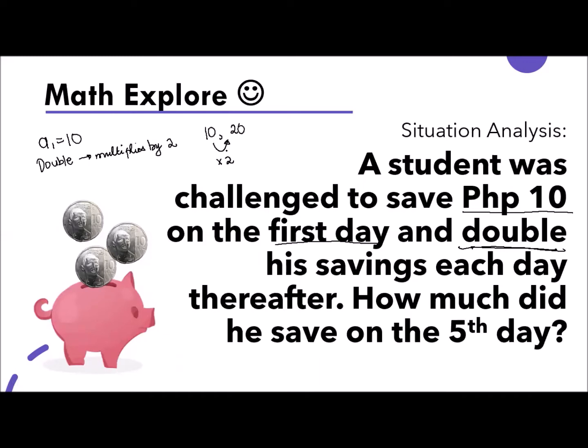On the second day, we will have 20 pesos. And so on, times 2 again, and that is 40 pesos. Times 2 again, so we will have 80 pesos. And another times 2, because we are looking for the fifth day of savings, 80 times 2 is 160 pesos.